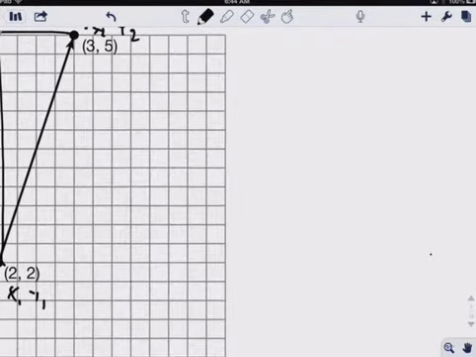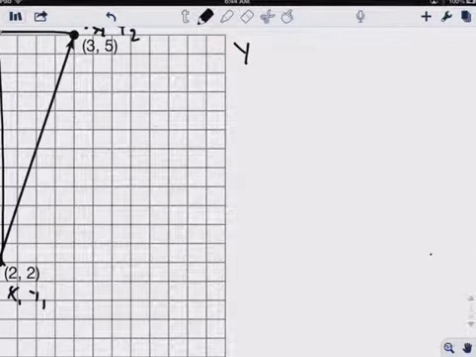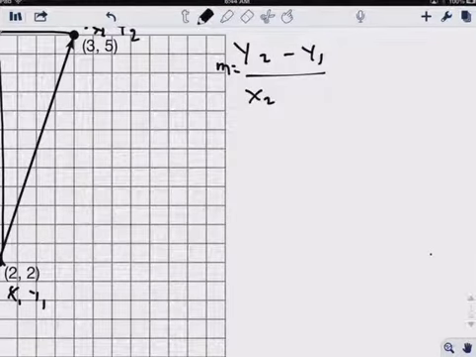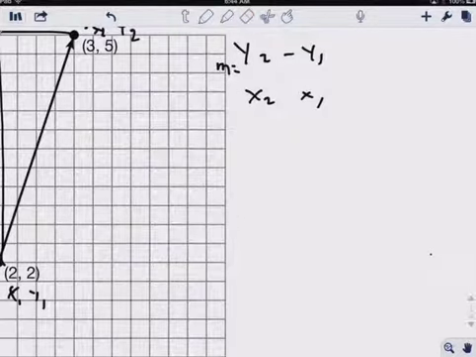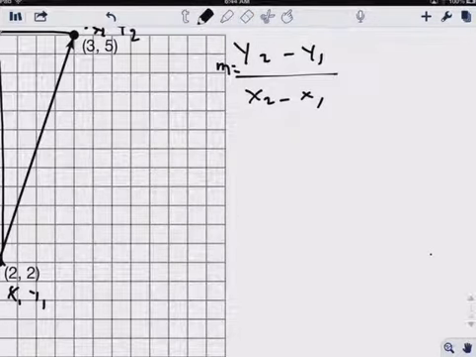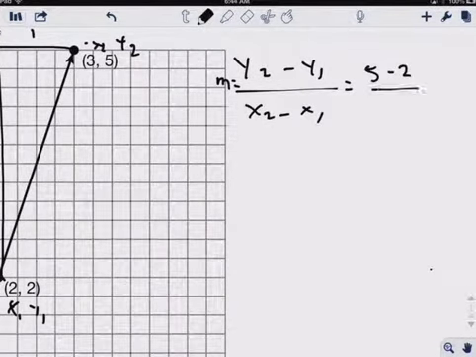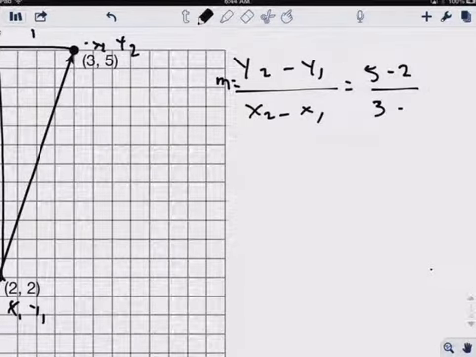Let's prove it using the formula y2 minus y1 over x2 minus x1. So that is 5 minus 2 over 3 minus 2.